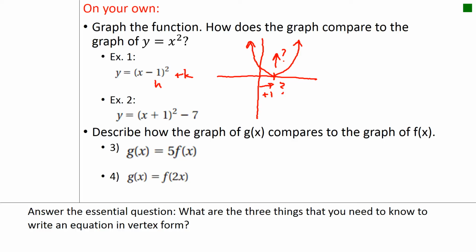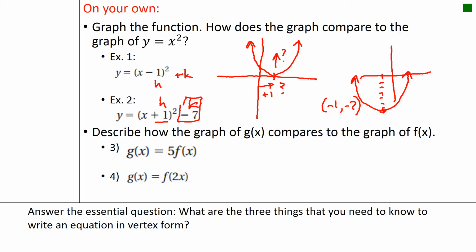Okay, and in example 2, we go back 1, and 1, 2, 3, 4, 5, 6, 7, and that vertex would be at -1, -7. Here's the -1, the h, and here's the -7. Notice that this is included entirely, and here this is like subtracting a -1. That's where we see that plus sign.